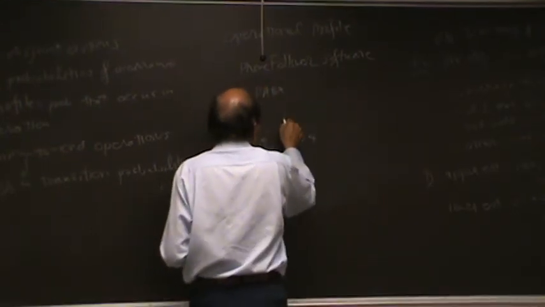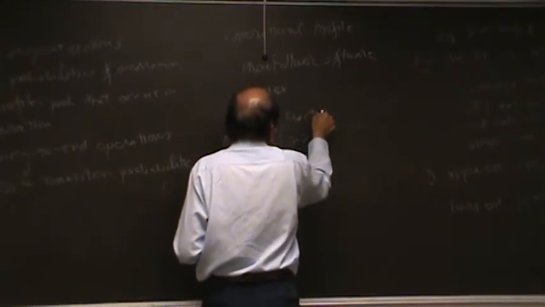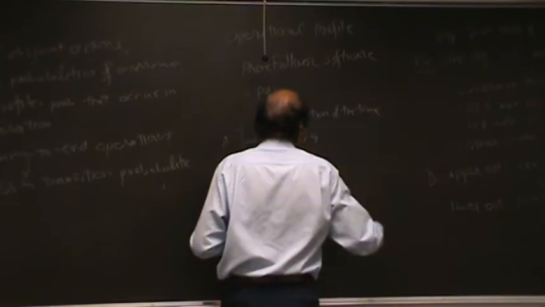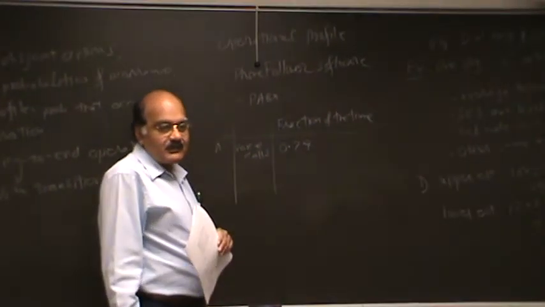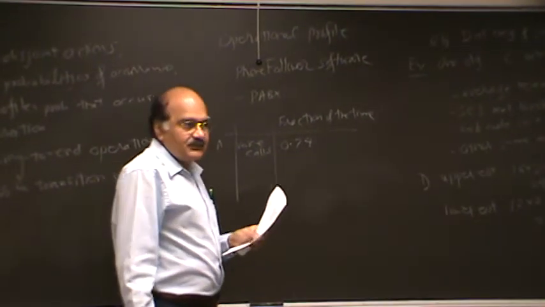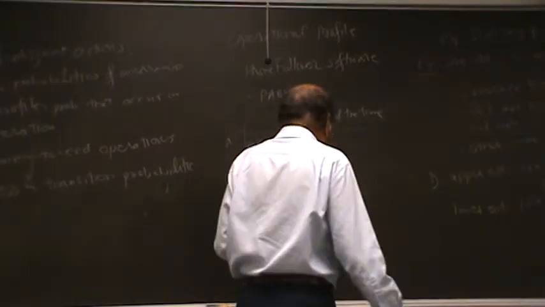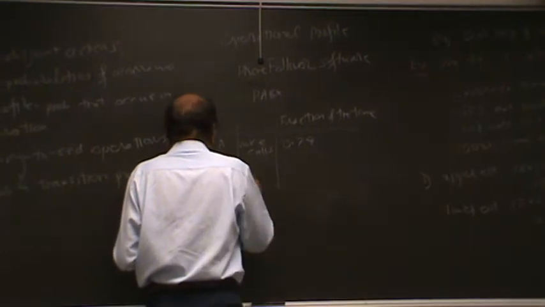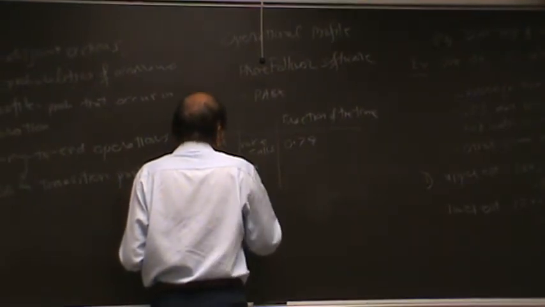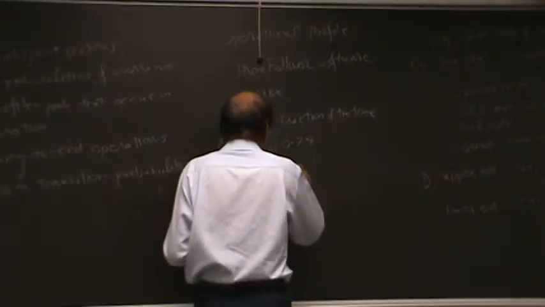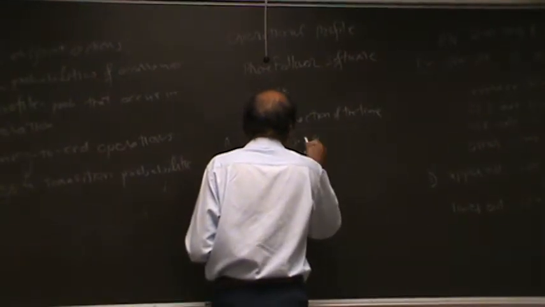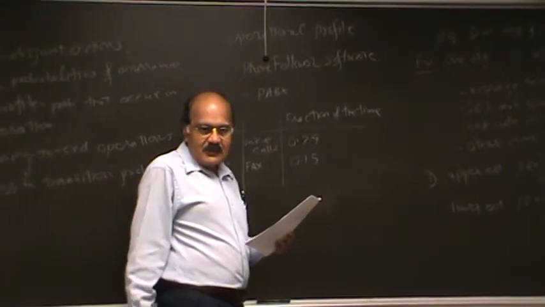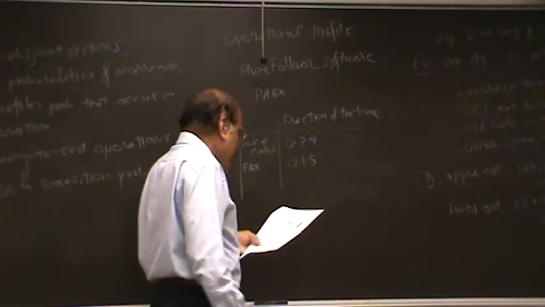Fraction of the time. Otherwise, I would write 74%. And let's assume that fax messages happen about 15% of the time. So 15% of the time, it is an incoming fax.